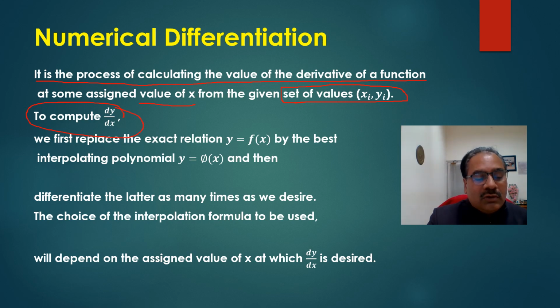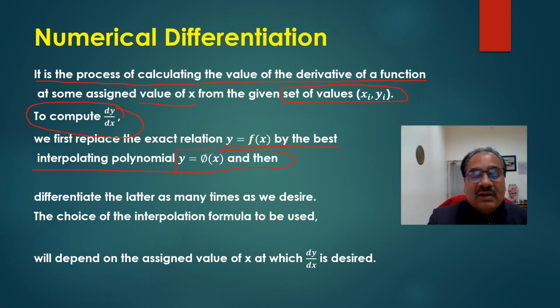So we first replace the exact relation y is equal to f(x) by the best interpolating polynomial y is equal to phi(x). First of all, we have to replace this because no exact relation is given; the relation is given on the basis of certain data.